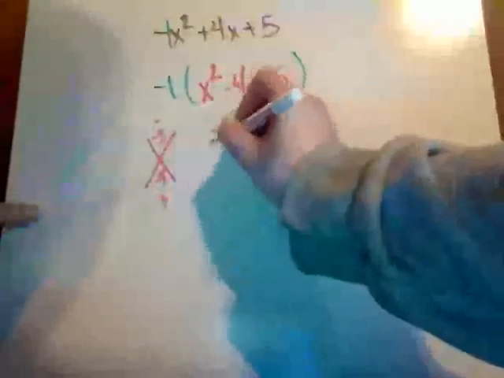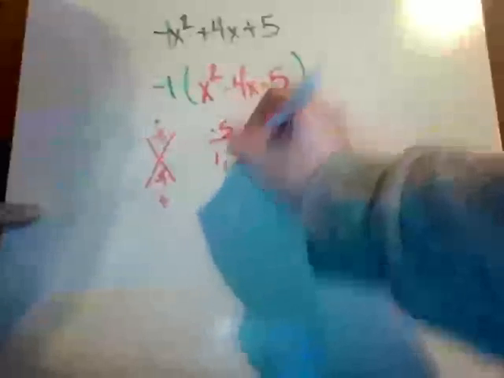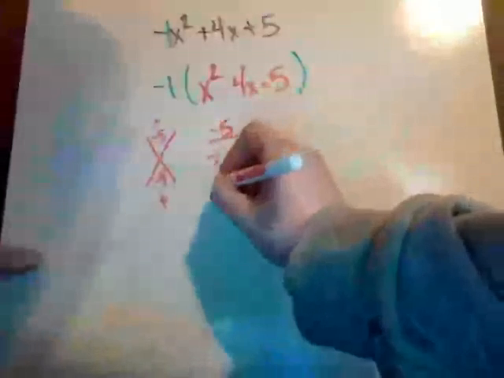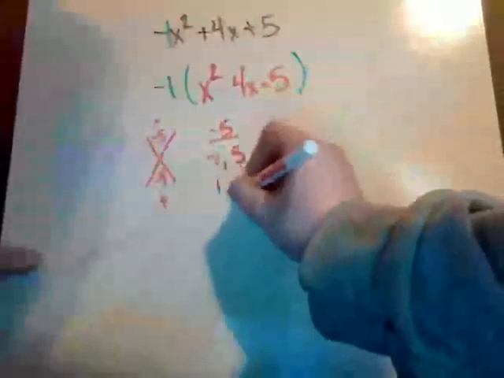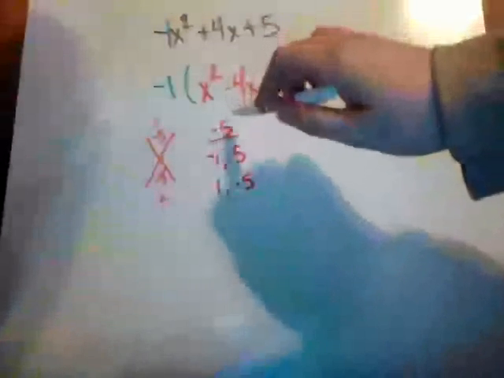To get a negative 5, if I make a list of numbers that multiply to make negative 5, there's 1 times 5, and either the 1 is negative or the 5 is negative. So I could put negative 1 and positive 5, or positive 1 and negative 5. I'm looking for the pair that will multiply to make negative 5 and add to make negative 4.